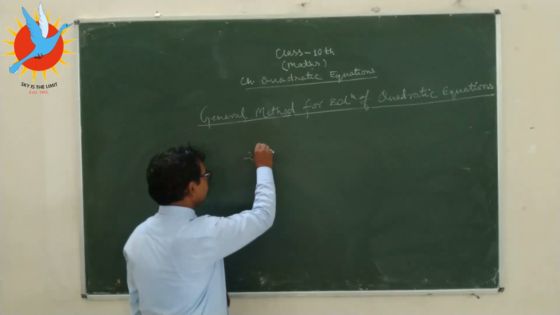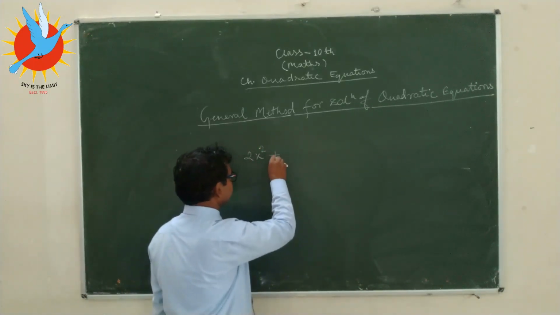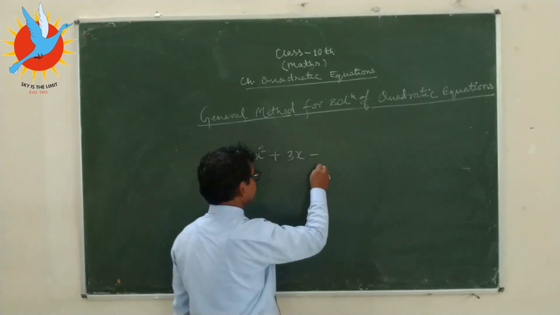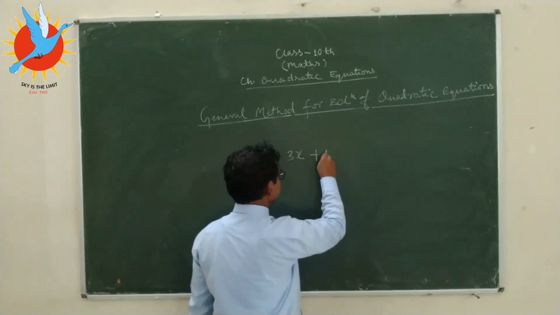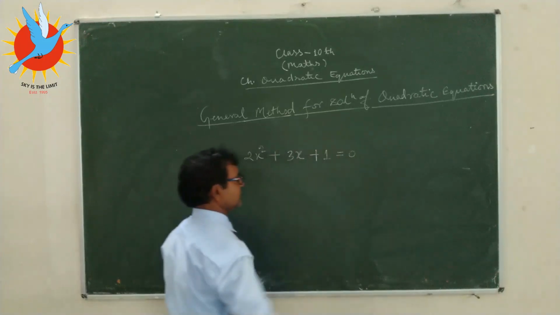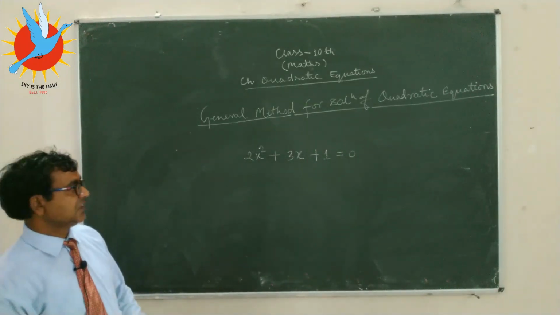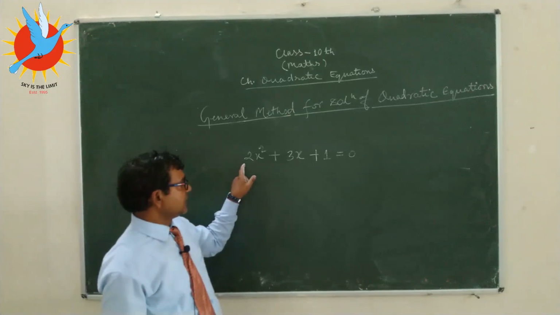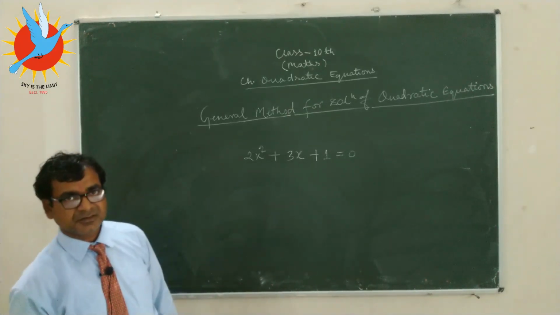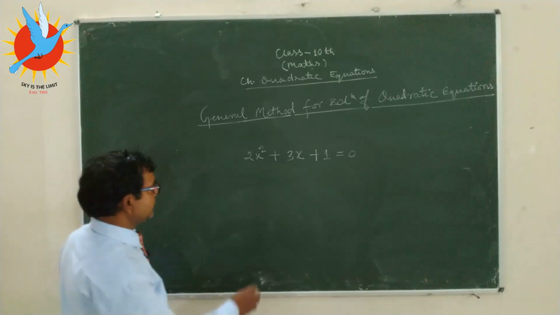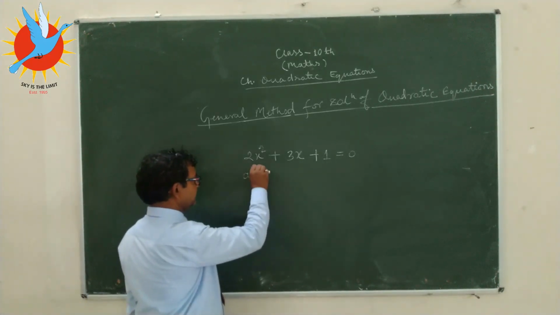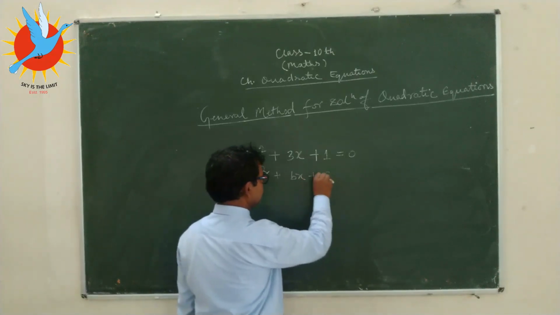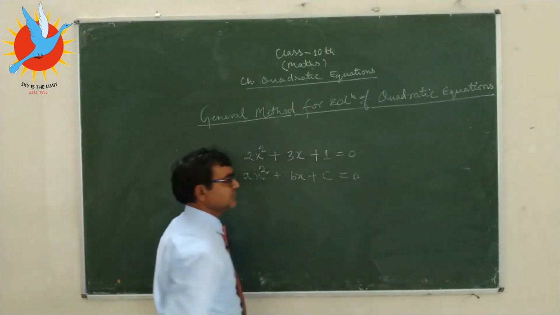Taking an example, 2x square plus 3x plus 1 equal to 0. Now, first of all, compare this equation with the general form of quadratic equation. We have ax square plus bx plus c equal to 0.